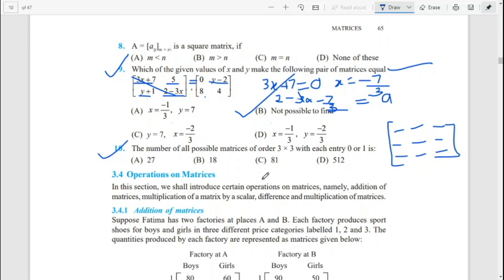To find the number of possible matrices, we use the formula 2 to the power of the number of elements. How many elements do we have? 9, that is mn. So 2 raised to 9. What is the answer? 2 raised to 9 is 512. So option D is the answer.